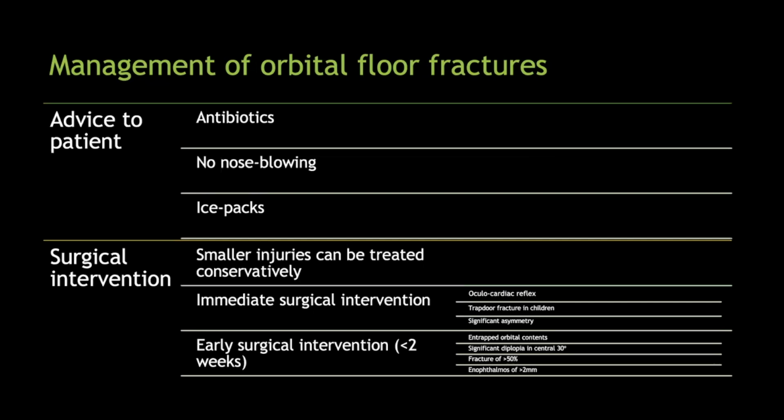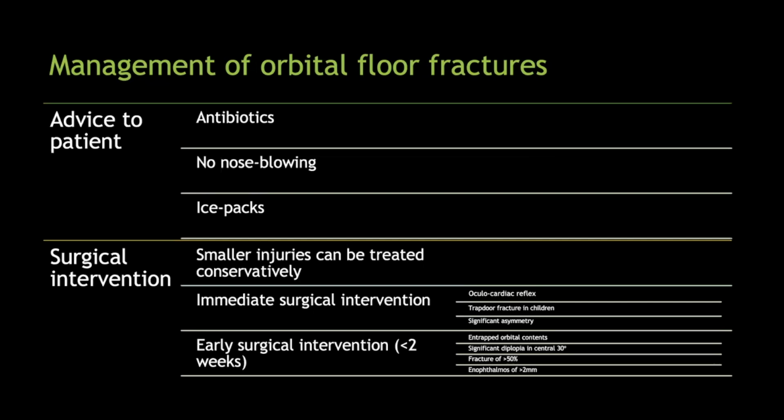And the surgical intervention depends on a few things. The smaller injuries with less than 50% of the orbital floor, no diplopia, just swelling around the eye, can usually be treated conservatively. You monitor them, keep them coming into clinic, and wait for the swelling to settle down. These are fractures that can heal by themselves without any intervention.